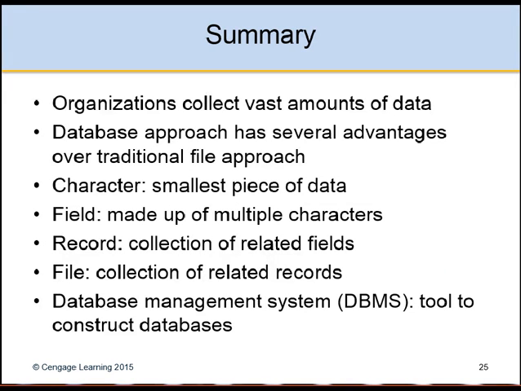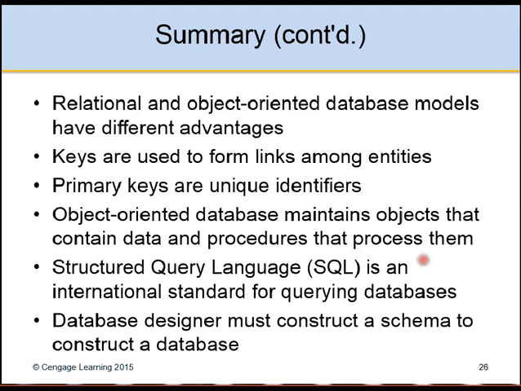So in summary, this lecture we've talked about databases and noted that a database management system is a tool to construct and manage databases efficiently. Relational and object-oriented databases have different advantages. Keys are used to form links between tables or entities.